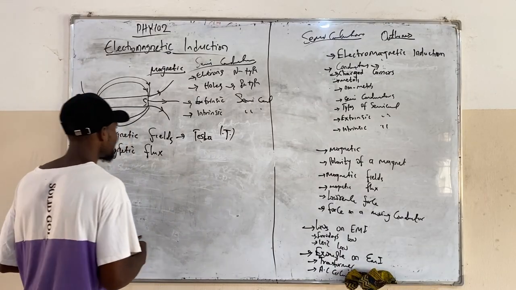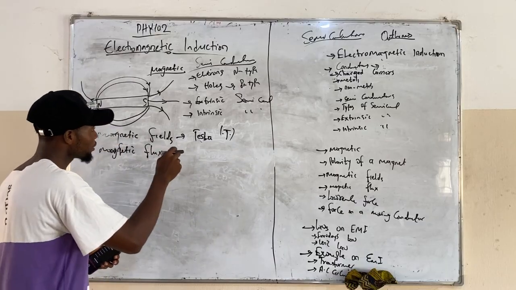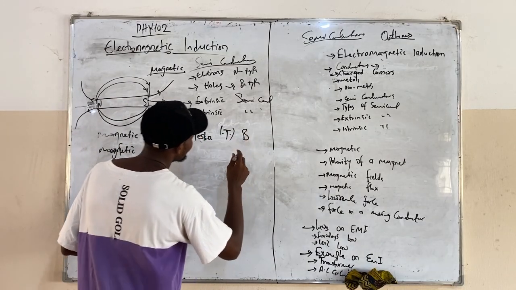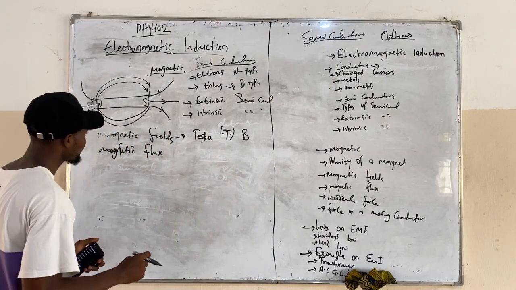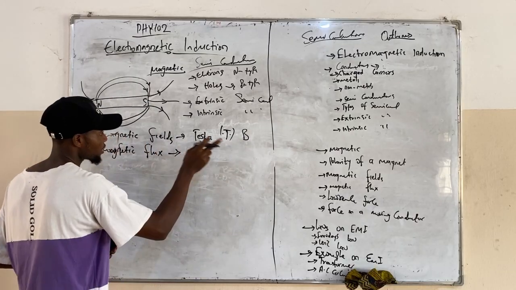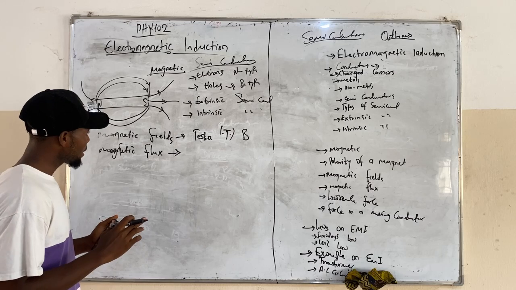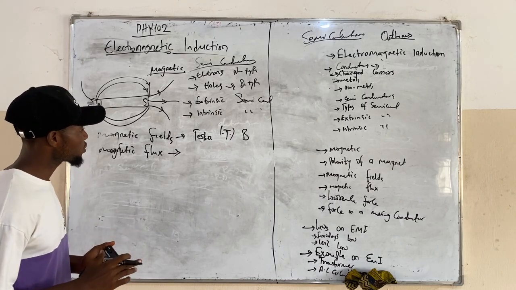Take for instance the magnetic field, represented using B, whose SI unit is Tesla, denoted using T. So magnetic flux works synonymously with magnetic fields. I told you magnetic flux is the measure of the number of magnetic lines of force passing through an area.